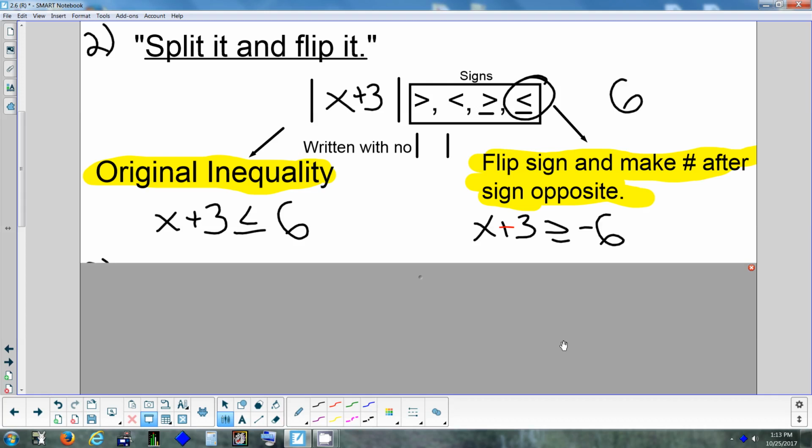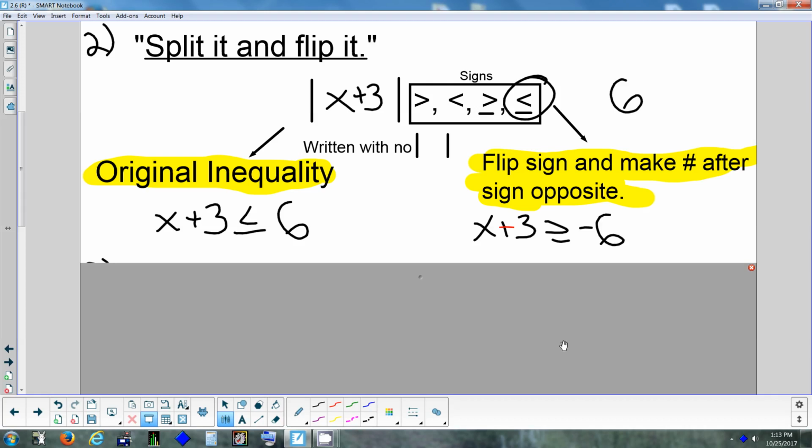Number 1, it's written without the bars. Number 2, I flip the sign, right? For this one, it was pointed to the left. This one, I want to point it to the right. This one, it was less than. This one's greater than. And I made the number at the end opposite. It was positive in the original, I made it negative when I did my second inequality.